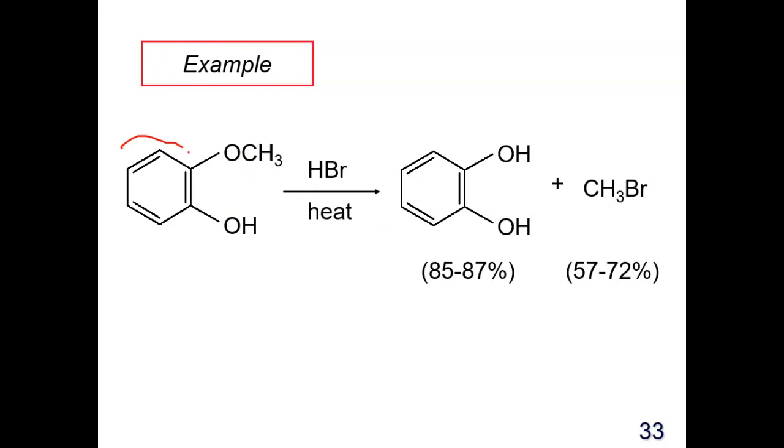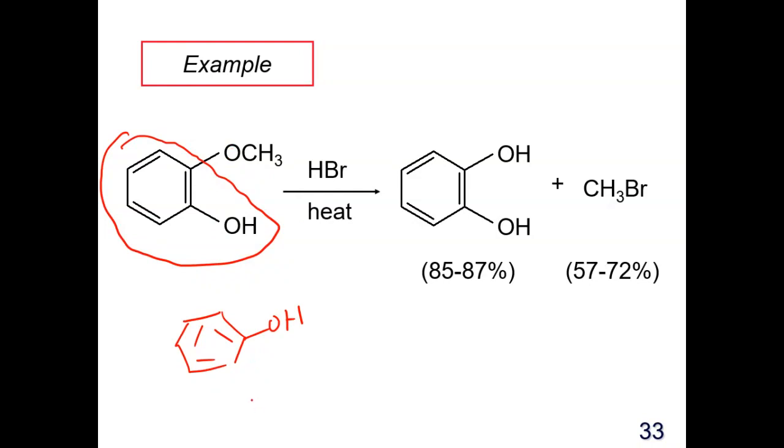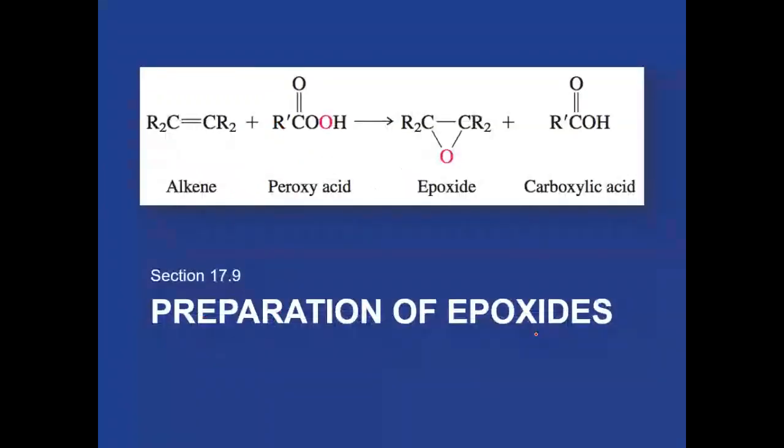So this one is the aromatic group. It will cleave off in the form of a phenol: this originally connected to O, but it had another OH. That's how you get the phenol. And the alkyl part will be cleaved into an alkyl halide. Okay, so that's basically the regular ethers.